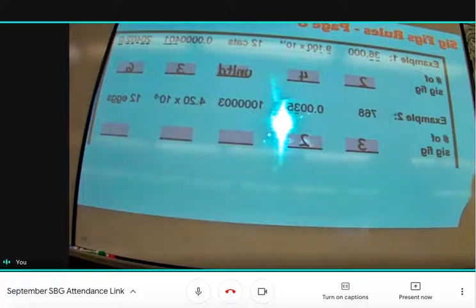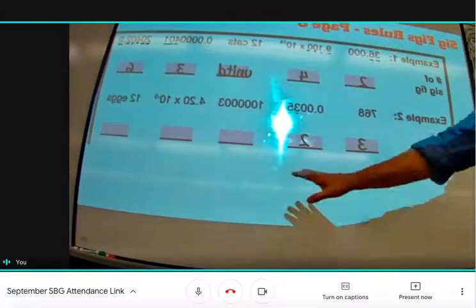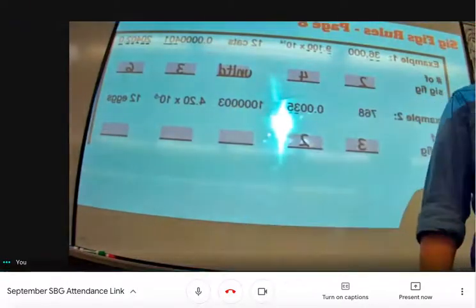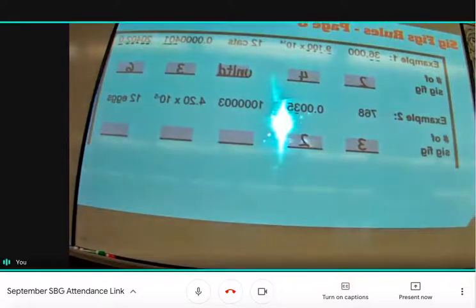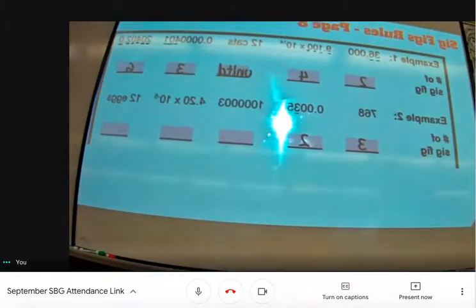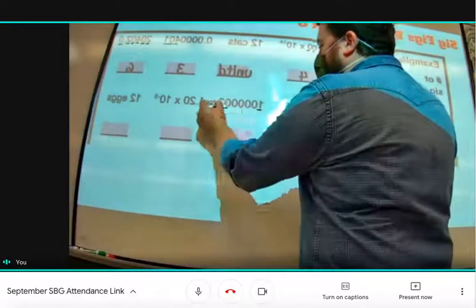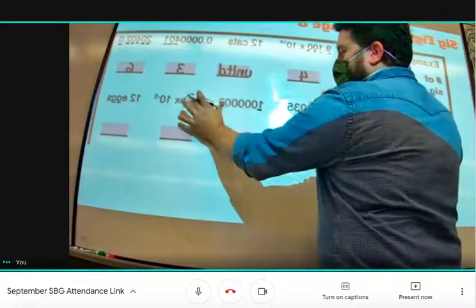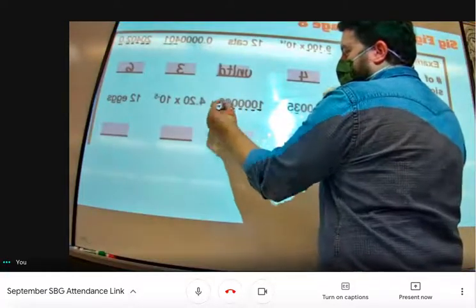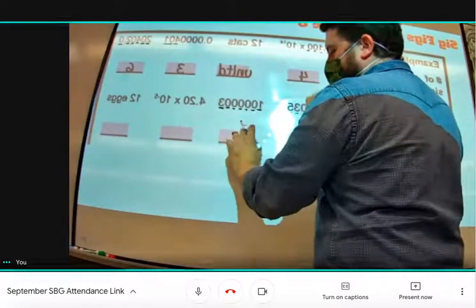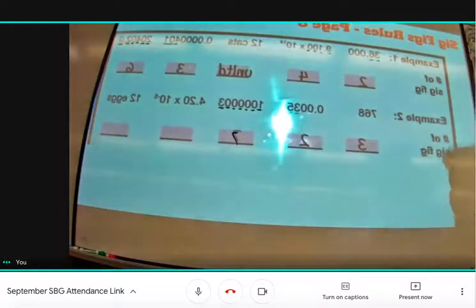Savannah Harrison, can you unmute yourself and tell us how many significant figures you see in this number? 7. Why do you know that all those zeros do count? Because it's sandwiched between 2 numbers that aren't 0. Right, exactly. The 2 numbers, 1 and 3, sandwich all these zeros. So we have to count them. So there's 7.